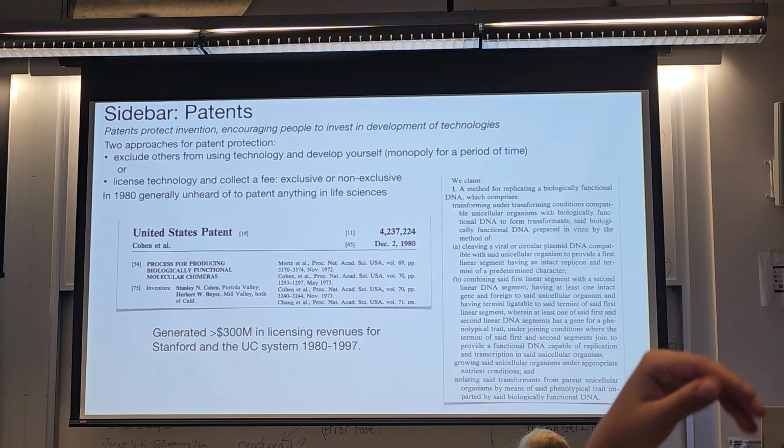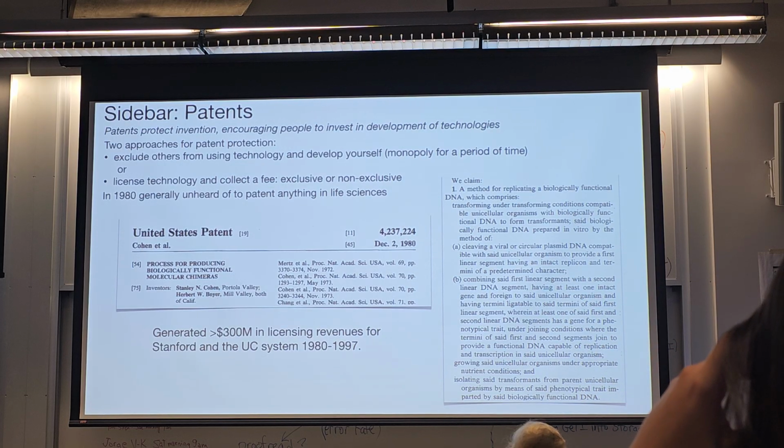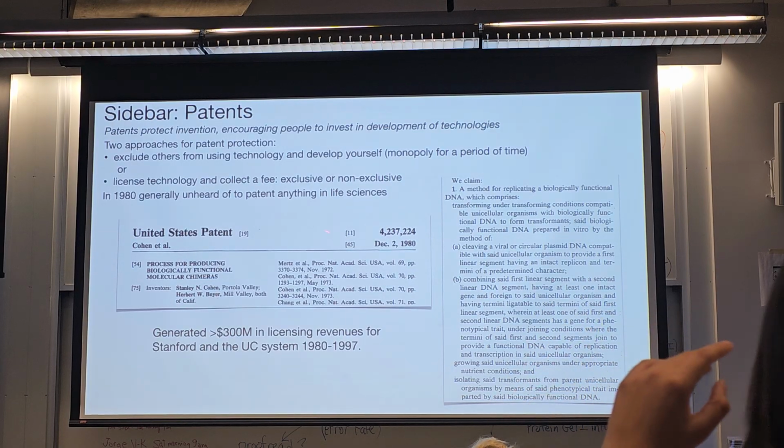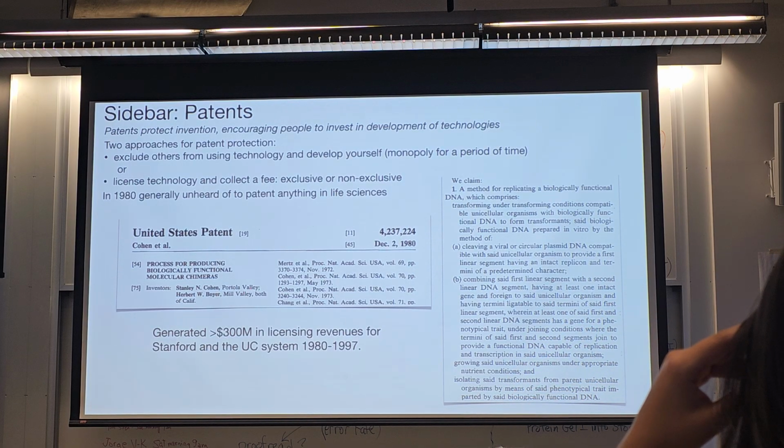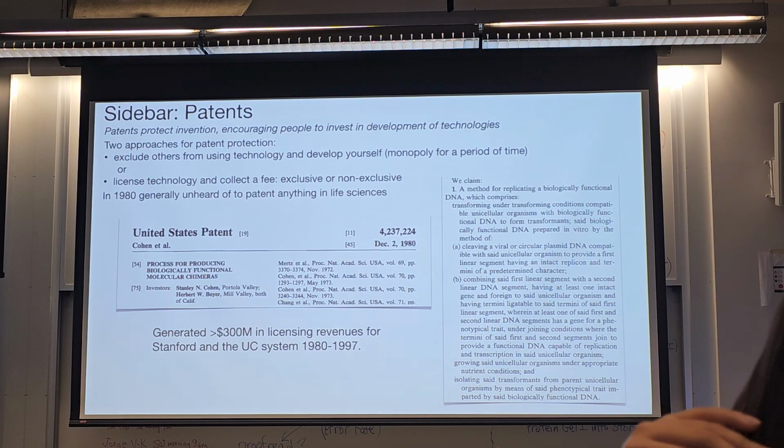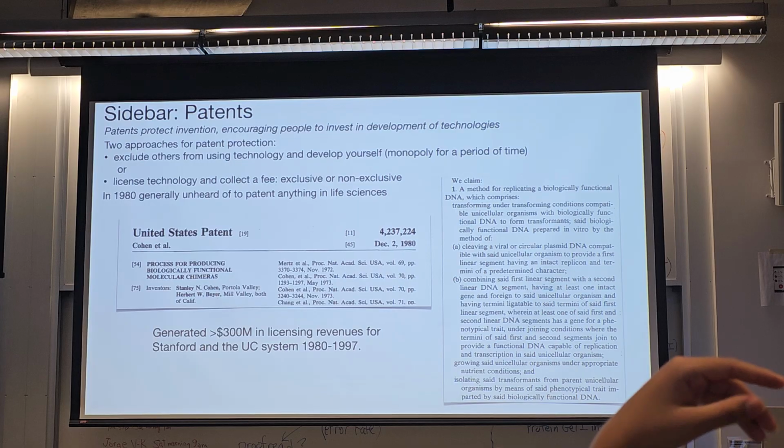So back in the 80s, people really didn't care about patents, and some people still don't really care about patents. But in 1980, really no one patented living things until Stan Cohen and Herb Boyer at the University of California patented the method of making a recombinant protein by putting one piece of DNA into another piece of DNA and expressing it in a third organism.